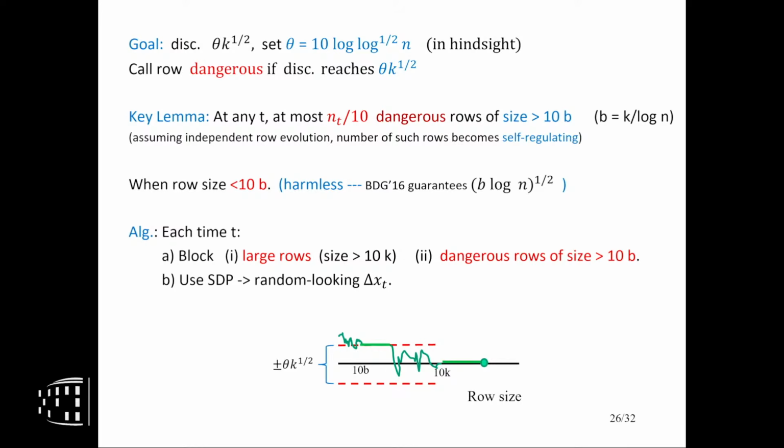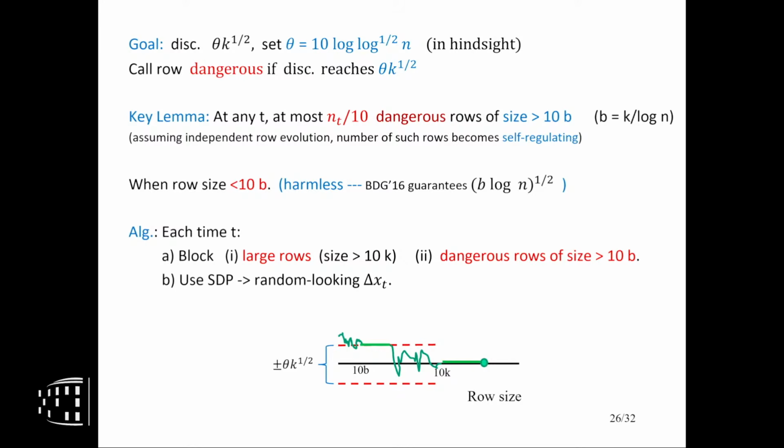Many rows can become dangerous, but the medium ones are bigger. If they're smaller than k over log n, then I don't care, because the BDG guarantee already takes care of them. So I just need to worry about these intermediate guys between k over log n and k.